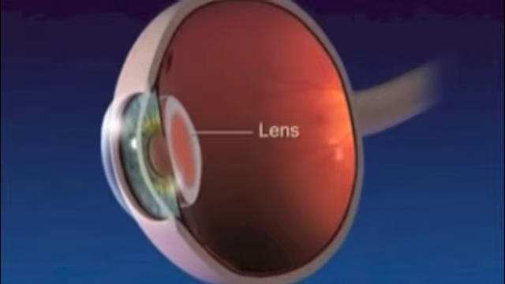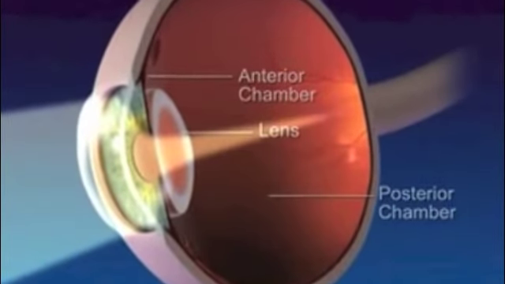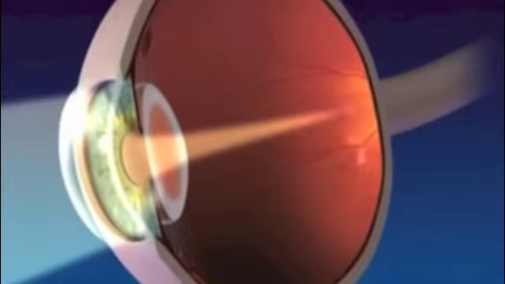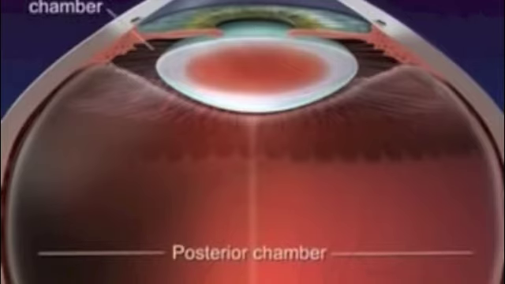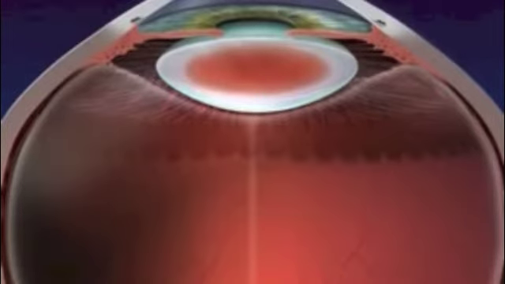The lens is located behind the pupil and between the anterior and posterior chambers. The lens is a transparent, flexible biconvex structure that bends or refracts light rays, so they focus on the nerve cells of the retina. The chambers are filled with a watery fluid that gives shape to the eye and helps refract the light rays. The anterior fluid is called the aqueous humor, and the posterior fluid is called the vitreous humor. The retina is the inner layer and contains the nerve cells, the rods and cones, and the bipolar cells.